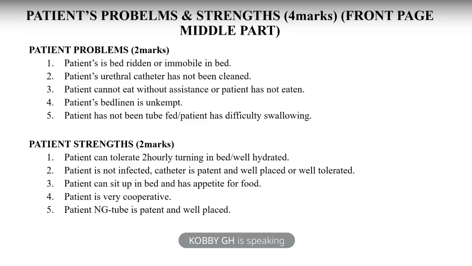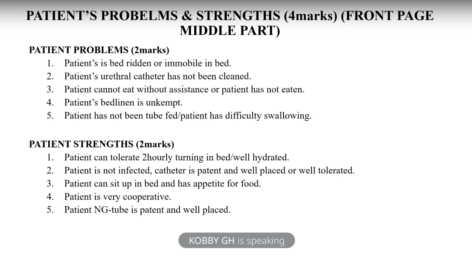Okay, so what we've done is the acute pain, the problem with the wound, and then the self-care, which is very common at the orthopedic ward. It's something you should be expecting. But apart from that, other problems that you can meet is patient is bedridden or immobile in bed.